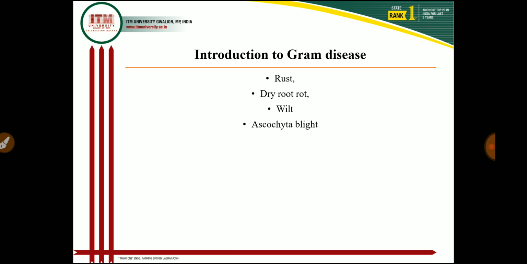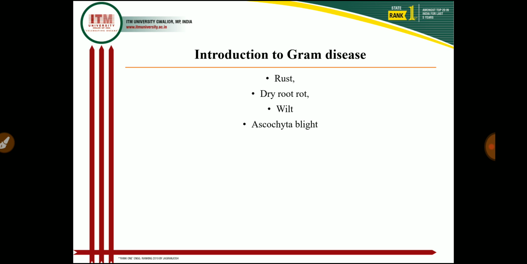As you know, in India there is a shortage of oilseed and pulses, so most of the demand is fulfilled by importing these pulse and oilseed crops from outside, that means foreign countries. So the Government of India has given more emphasis to increasing the area and production of these pulse and oilseed crops, and gram is one of the most important pulse crops.